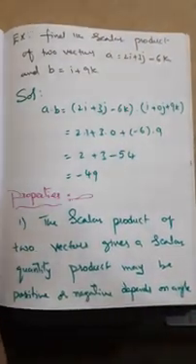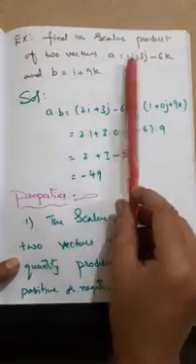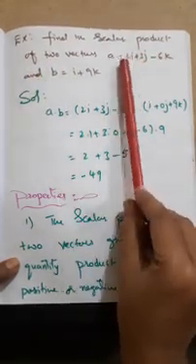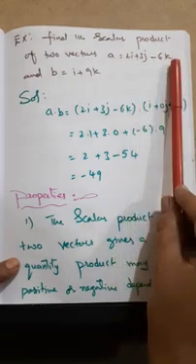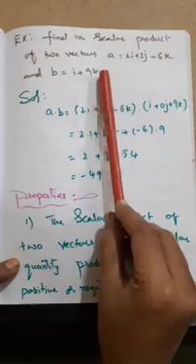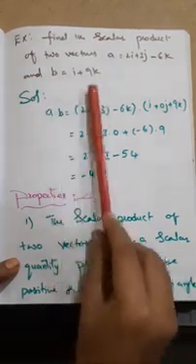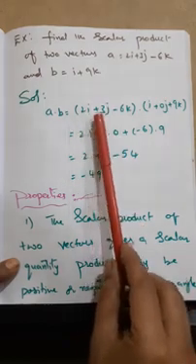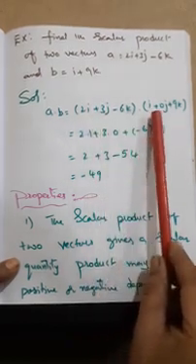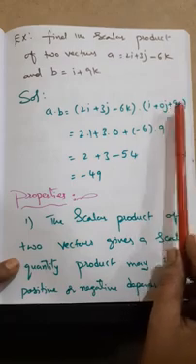Here is another example. Simply find the scalar product or dot product of two vectors, A is equal to 2i plus 3j minus 6k, and B is equal to i plus 9k. In this case we simply have to take the dot product of A and B. No angle is given. So 2i plus 3j minus 6k dot i plus, here j is not there, so 0 j, plus 9k.